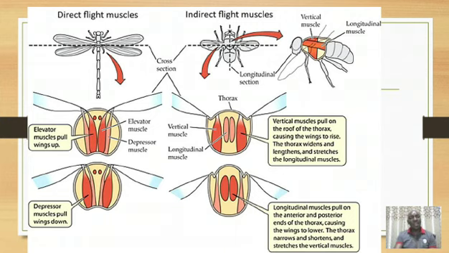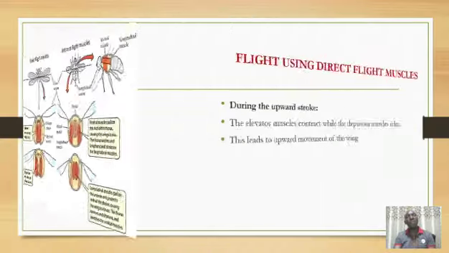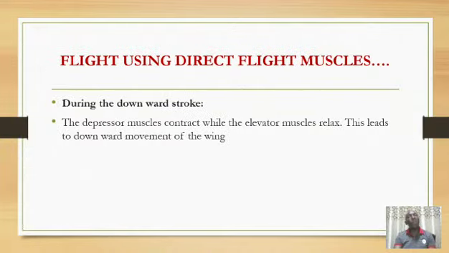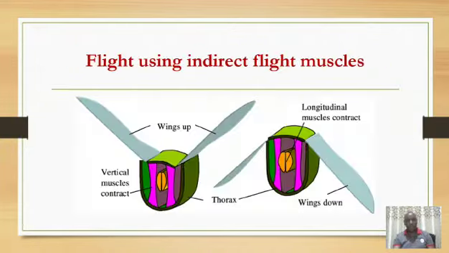In indirect flight, the muscles attach at the roof or at the tagum of the thorax, but not onto the wings. Therefore, when we meet again, we shall look at flight using indirect flight muscles. Please make sure you're very conversant with direct flight like we have seen by the time we meet again.